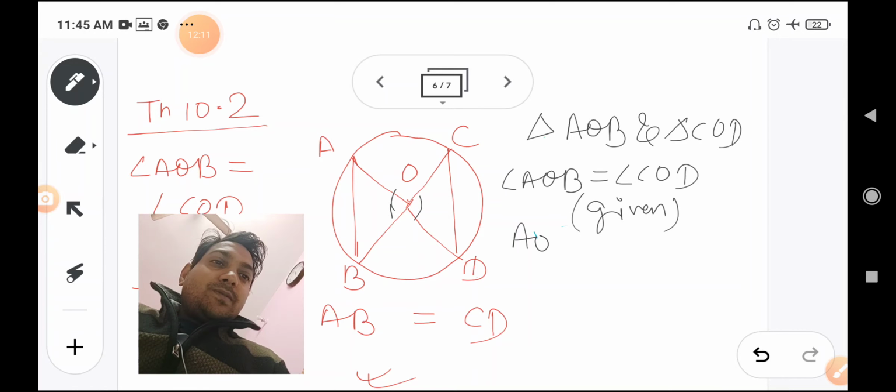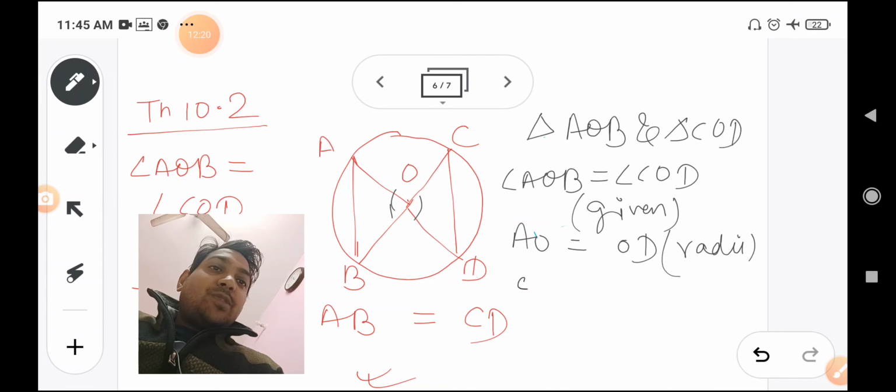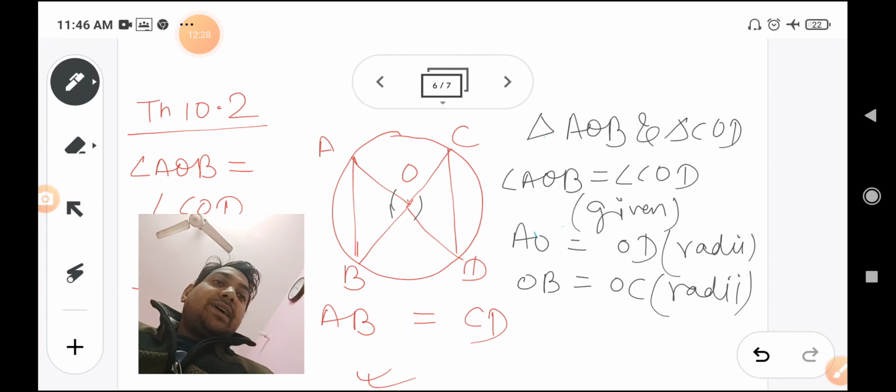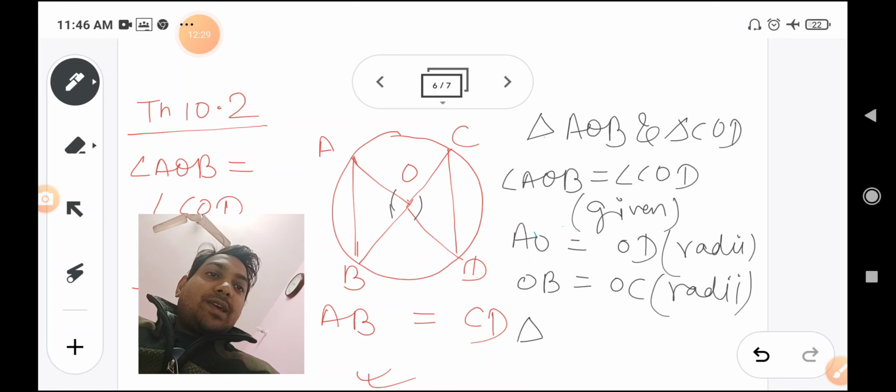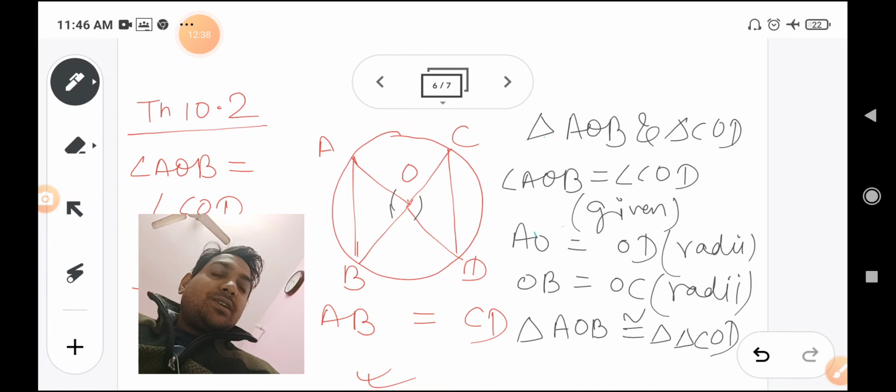AO is equal to OD. These are the two radii. And also we have OB is equal to OC. Same, these are the two radii. So we can write triangle AOB must be congruent to triangle COD.